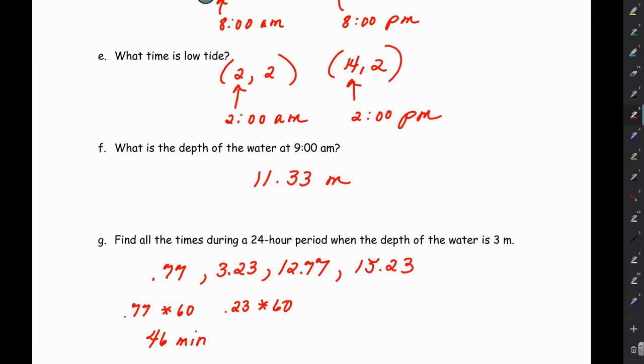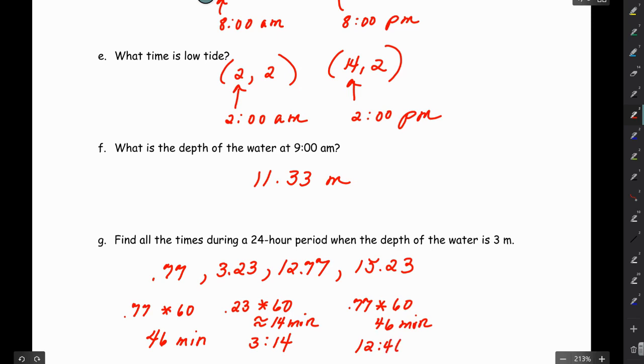That gives us 14 minutes. So we're at 3:14. And then the next one, we have to calculate 0.77 times 60. And that gives us 46 minutes. So the next time is 12:46 p.m.